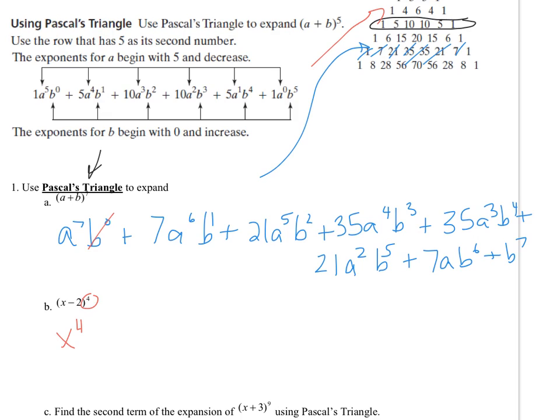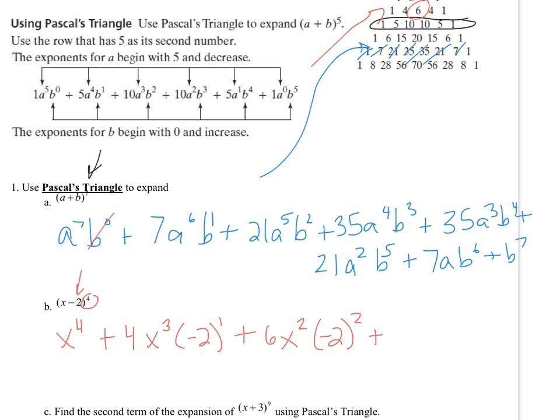Then I'm looking at my line right here, and the next coefficient is 4, so it's 4 times x to the 3rd, and then negative 2 to the 1st, plus my next coefficient is 6, x squared, and then negative 2 to the 2nd. Notice how I'm putting the negatives in parentheses here, and at the end I'm going to simplify it.